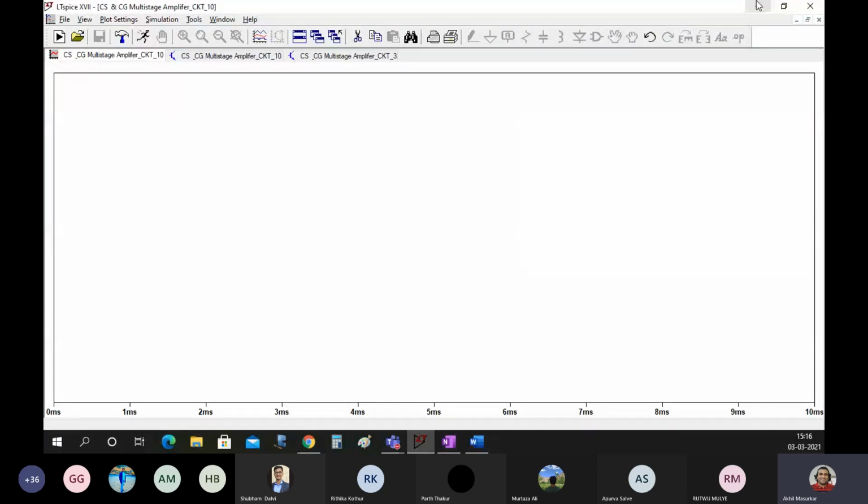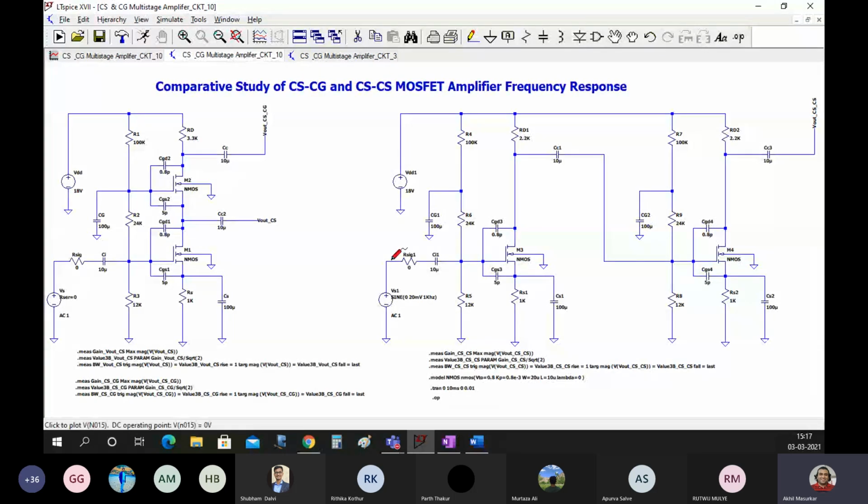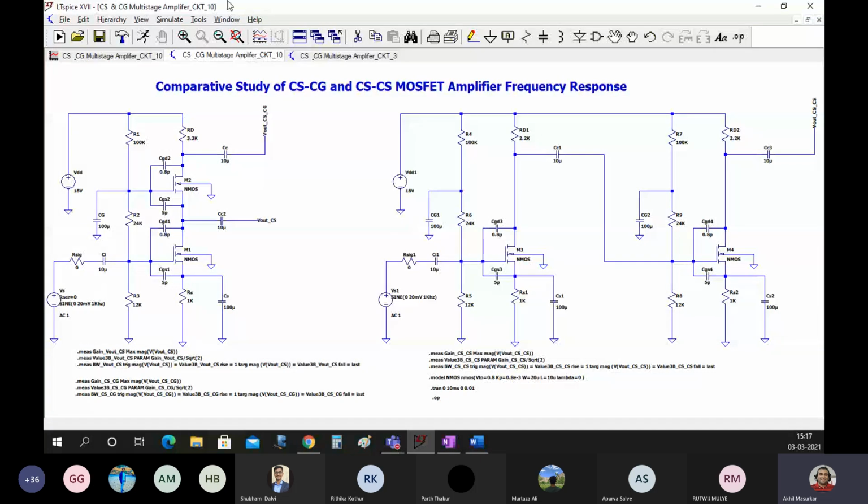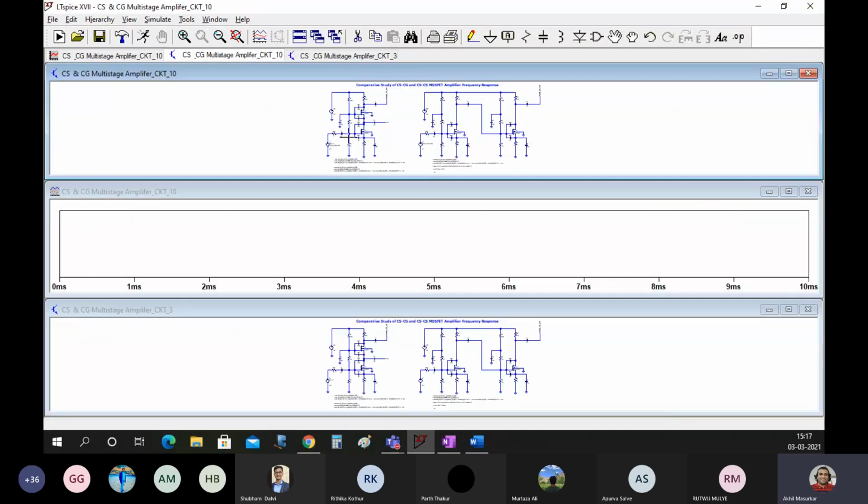So this is actually my... Okay, so in .tran we have to change both. We have to change this too. This also should be, I think we have put it as 20 millivolts. This is 1 kilohertz. Let's run this.